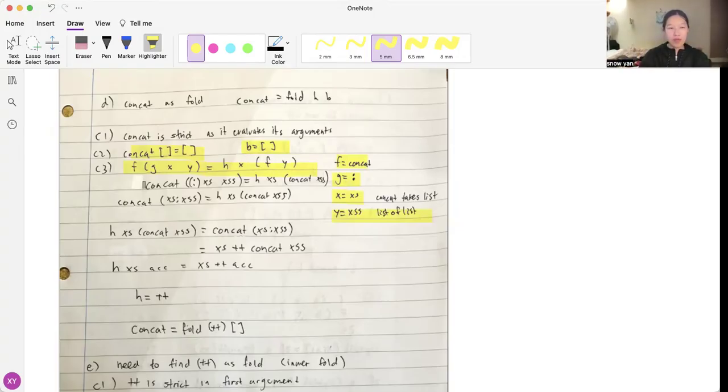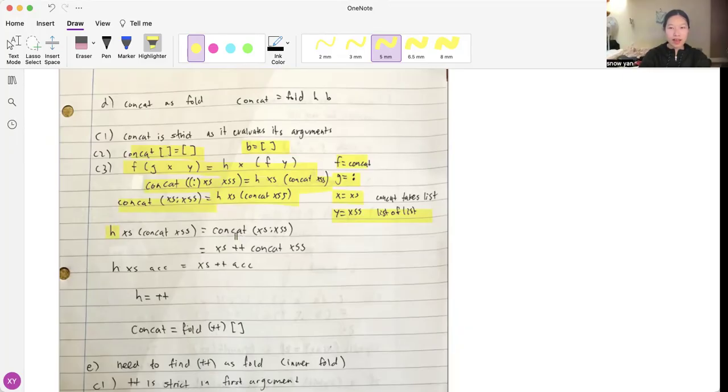So this is just how we write the same form of what we just had in terms of these variables. Next, what we do is we just clean it up a bit, concat of x's, cons, excesses. And then on this side, it would just be the same. Then what we can do is this is just a reverse swap, because I want to keep the h because I want to find what h is. So I'm going to move the h to the left-hand side just because it looks nicer.